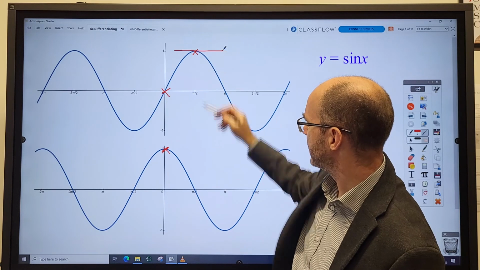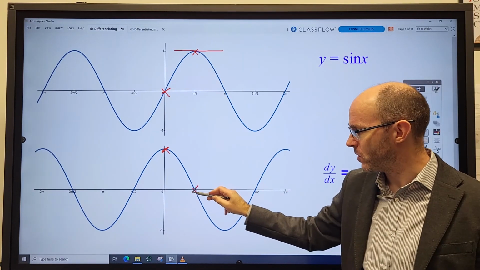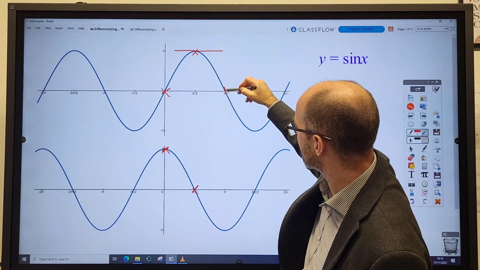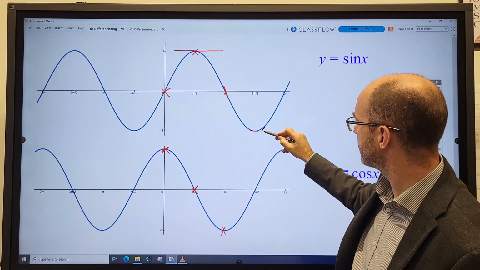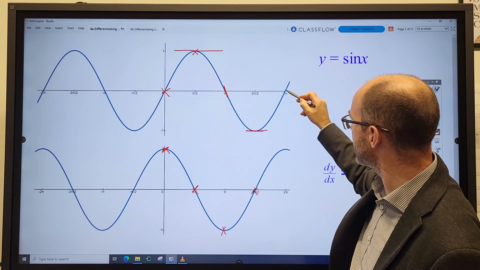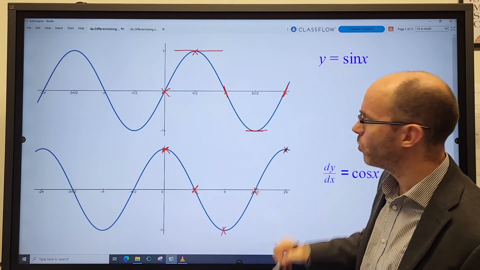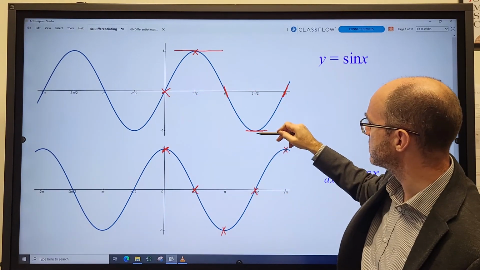And that represents the point where the gradient is 0. And then here, the gradient was negative 1. And then here, flat again at the minimum point, the gradient was 0. And then back to here again, the gradient is going to be 1. Okay. So, gradient of 1, 0, negative 1, 0, 1.